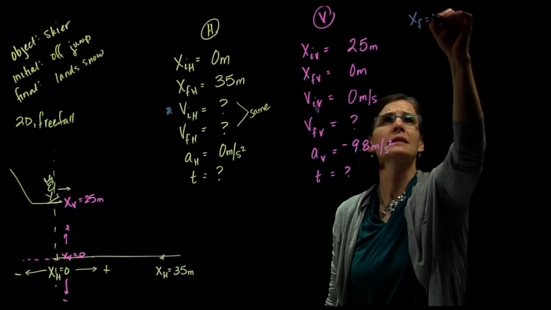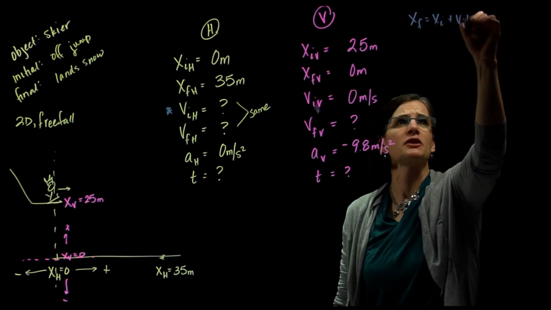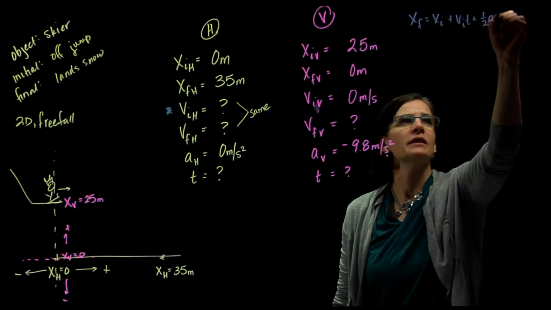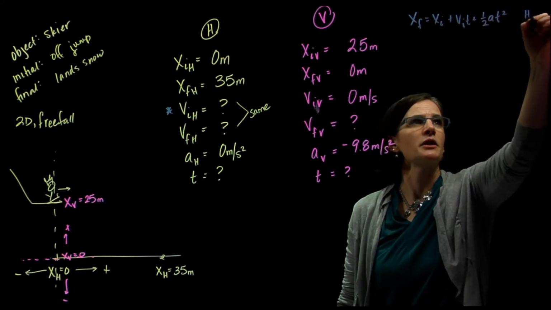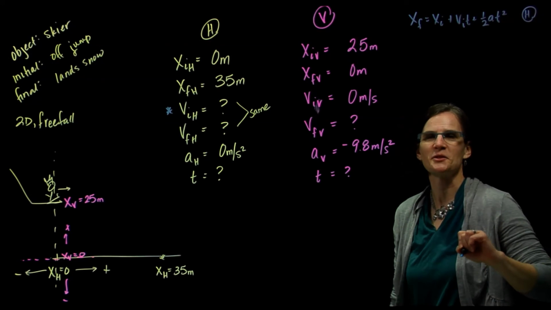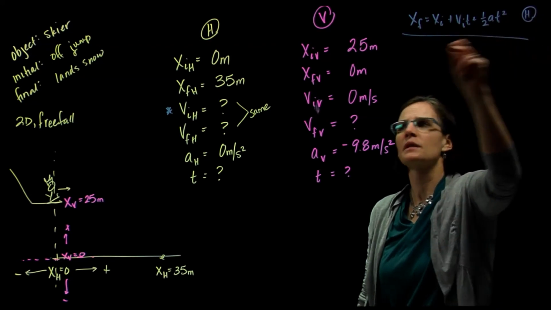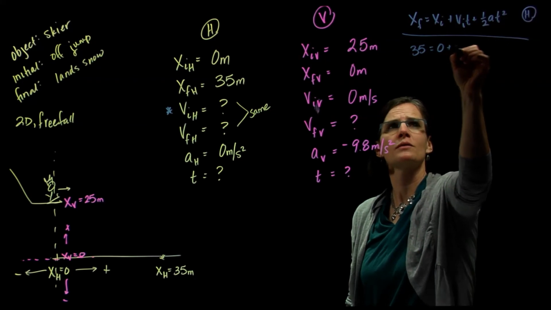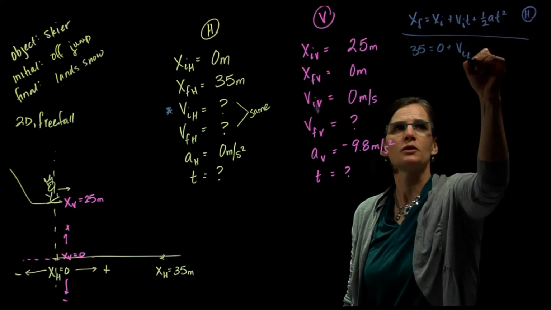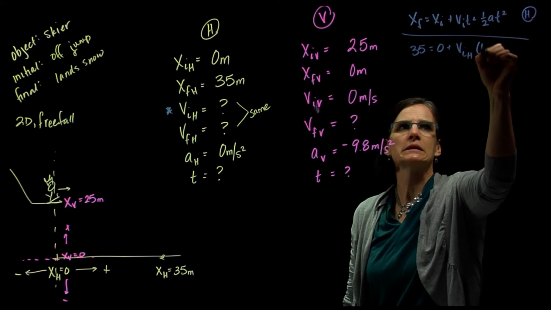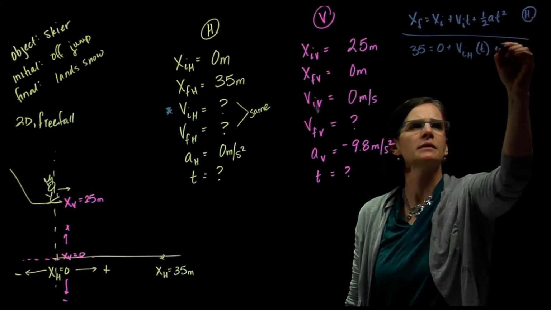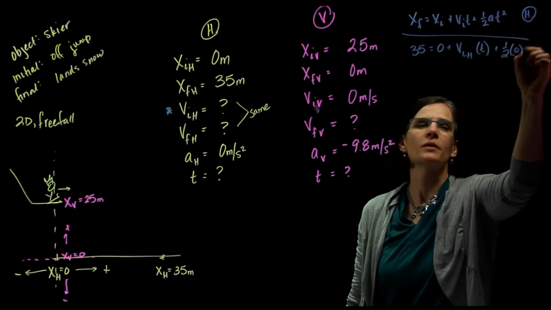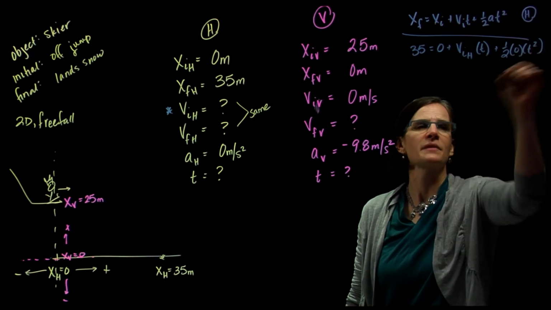So let's use the position equation. x final is equal to x initial plus v initial t plus 1/2 a t squared. Again, we're interested in this in the horizontal direction. x final is 35, x initial 0. We do not know the initial horizontal velocity. We don't know the time either. Plus 1/2 times 0 times the time squared.